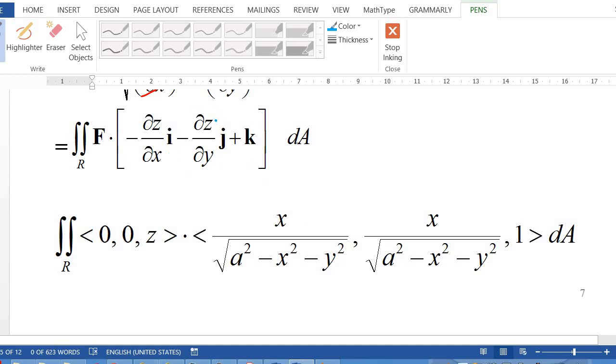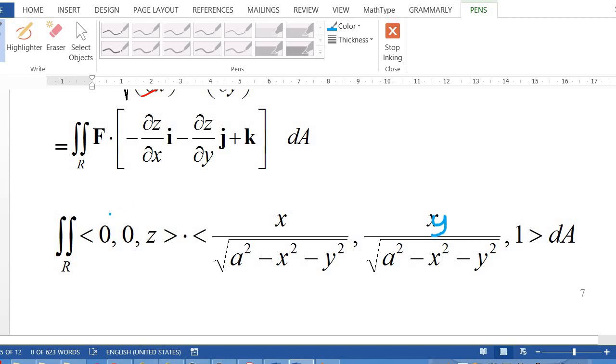Similarly with negative del z del y: del z del y initially has negative y, so del z del y is negative y over square root of a squared minus x squared minus y squared, multiplied with negative, so it becomes positive. The component k is 1.